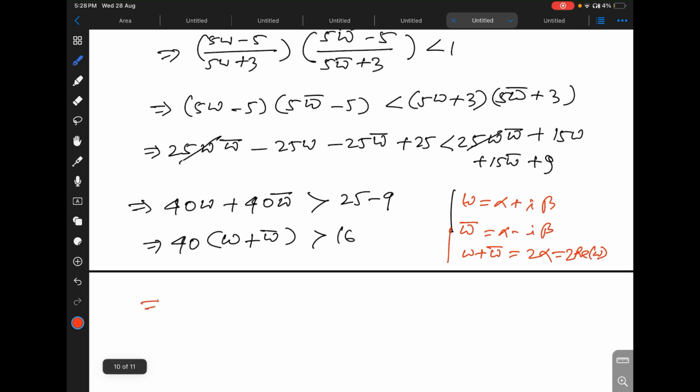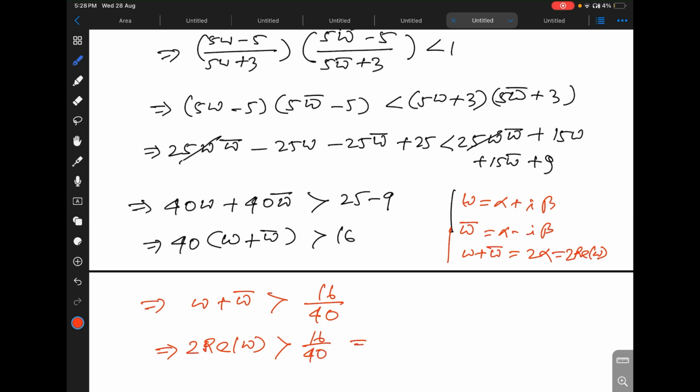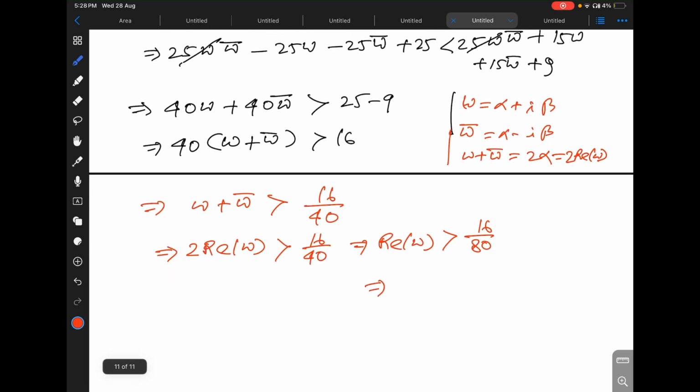So we can write omega plus omega bar is greater than 16, that is 2 into real part of omega greater than 16, that is real part of omega will be greater than 16 by 2, that is, exactly equal to 1 by 5. So real part of omega is greater than 1 by 5.